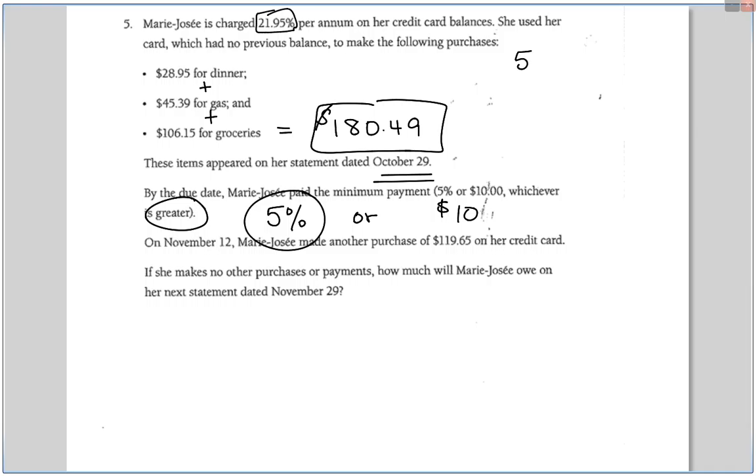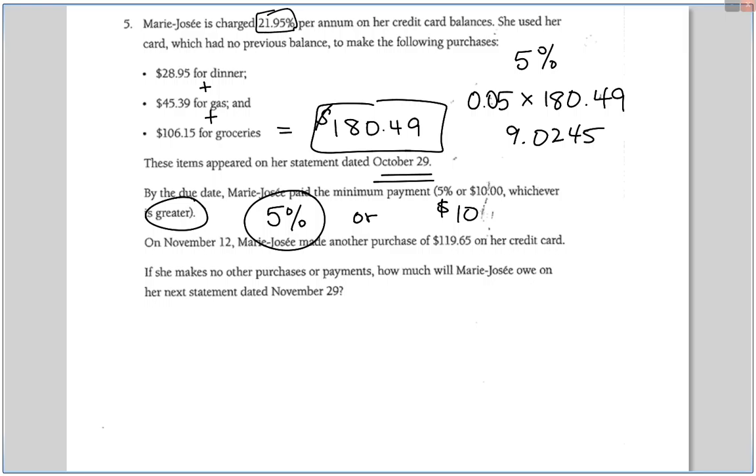Let's do that up over here. Take it to the decimal, 0.05, and then multiply by the number amount. Okay, the calculator is spitting out 9.0245.